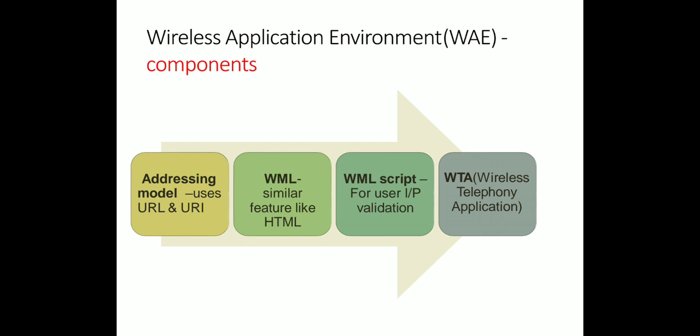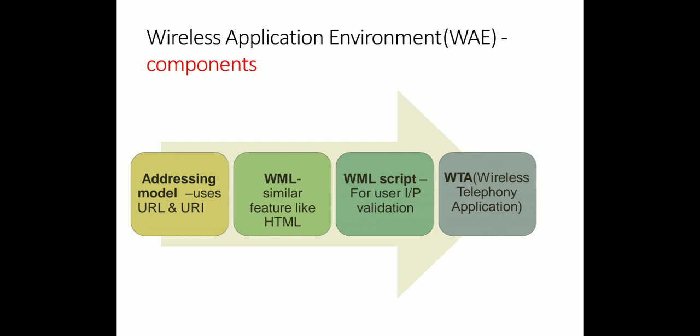The user selects an option on their mobile device that has a URL with wireless markup language content assigned to it. This is the addressing model, the first part. The phone sends that URL request via the phone network to the WAP gateway using the binary encoded WAP protocol.